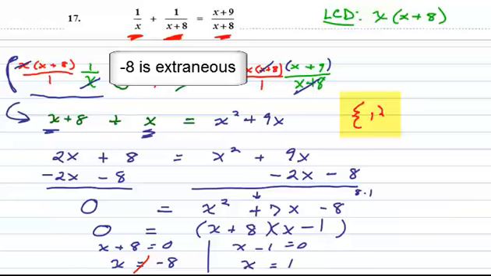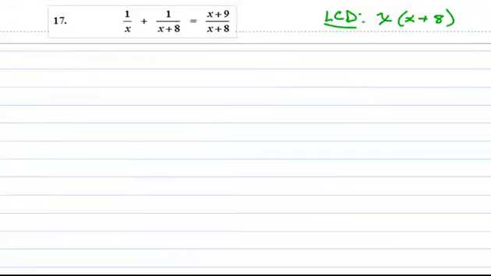What I'd like to do now is look at this problem and see what happens if you attempt the same method that you would have used if you were adding and subtracting. So suppose instead of multiplying every term by the LCD, instead I multiplied numerator and denominator by what was missing.